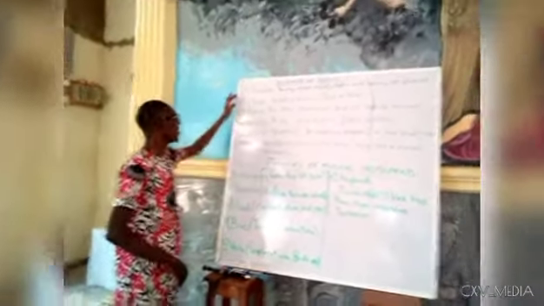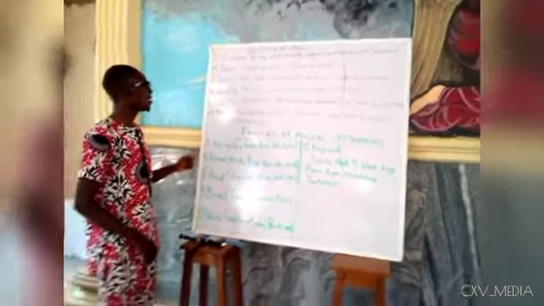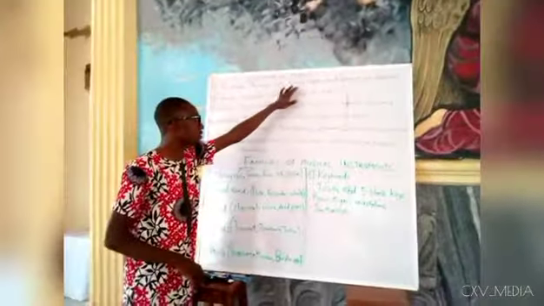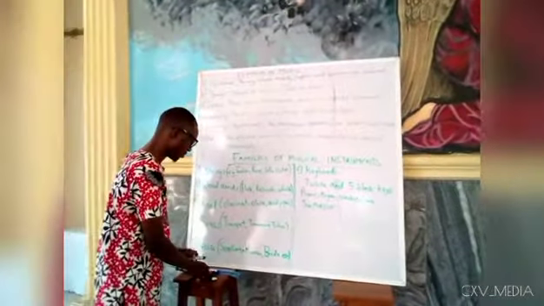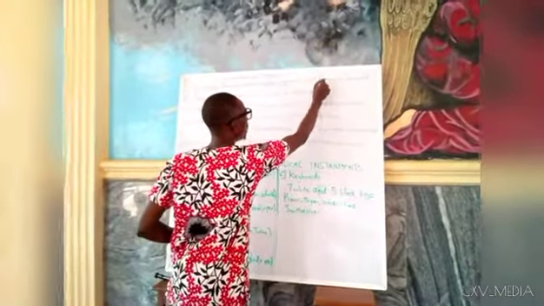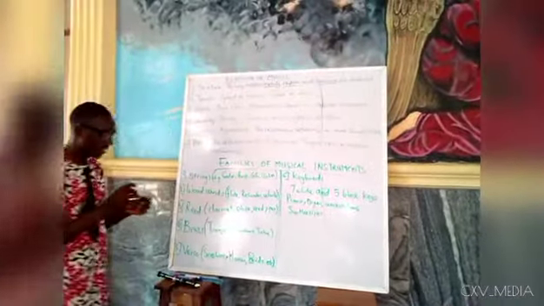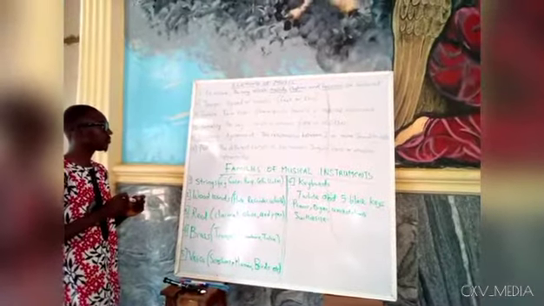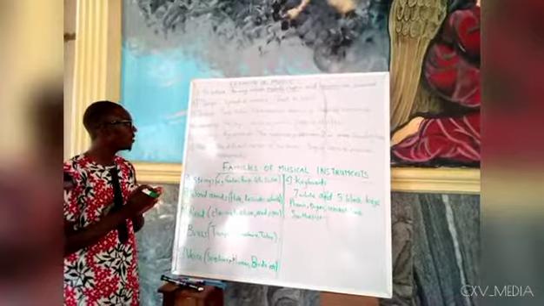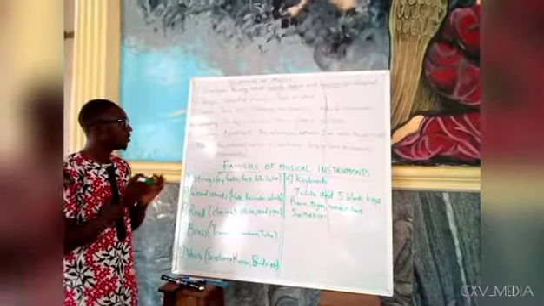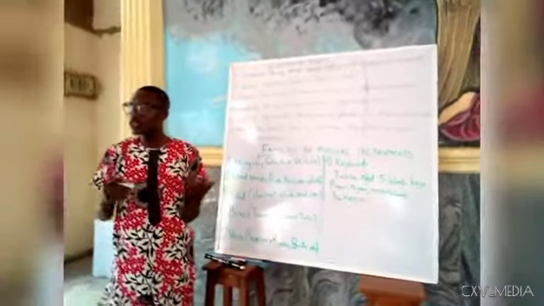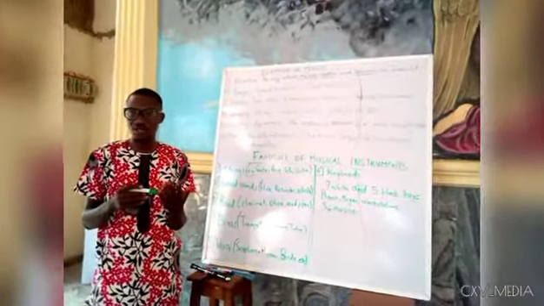Next, element number 7, texture. Texture is the way in which melody, rhythm, and harmony are combined in a music piece. Texture can also be understood from intensity because for some songs you could have six instruments used in the song.